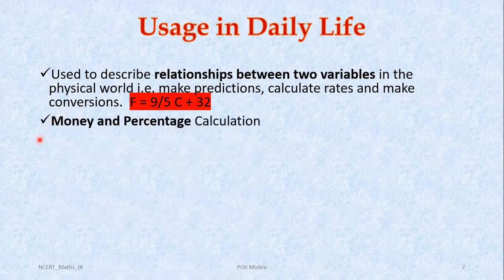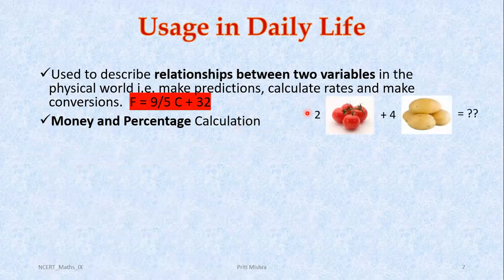Next one, we can find out money and percentage calculations with the help of these equations. Suppose you are going to the market and you bought 2 kg of tomatoes and 4 kg of potatoes, then just by using the cost of each kg of tomatoes and cost of each kg of potatoes, this is making a linear equation in two variables, and with the help of this you can find out the total amount.